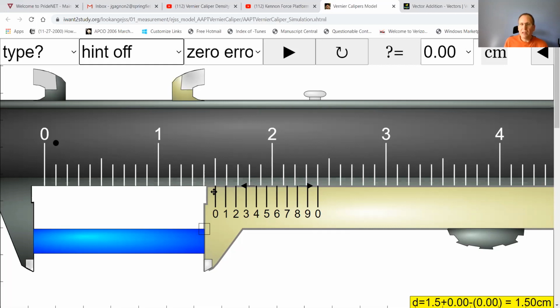Because it's right on it. So you would say 1.50 centimeters. Remember, since the resolution of this instrument is 0.01, you always need 2 decimal places. So you'd have to put that 0 at the end. So 1.50 centimeters. Okay, so that's how you read a vernier caliper. So you might want to just play around with that, practice it, and see if you're getting the correct answer here.